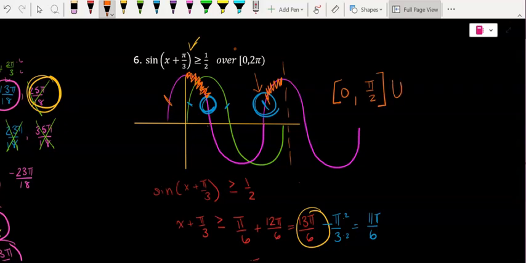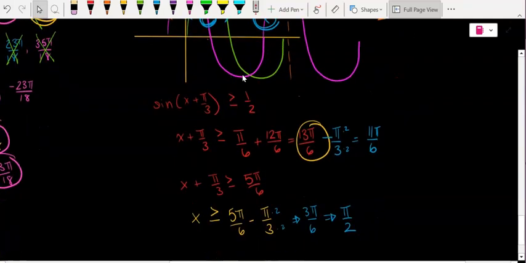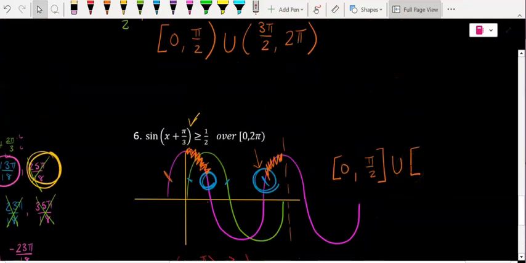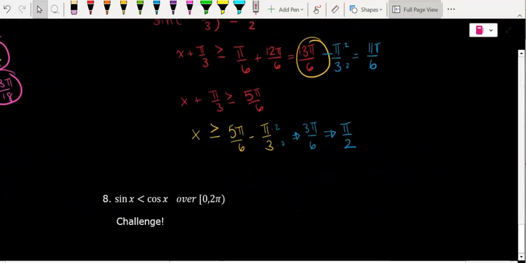And then I'm going to have my union. And then it goes to my next one, which is going to be at 11 pi over 6, to 2 pi. And it does not include 2 pi. All right, so that would be my solution there.